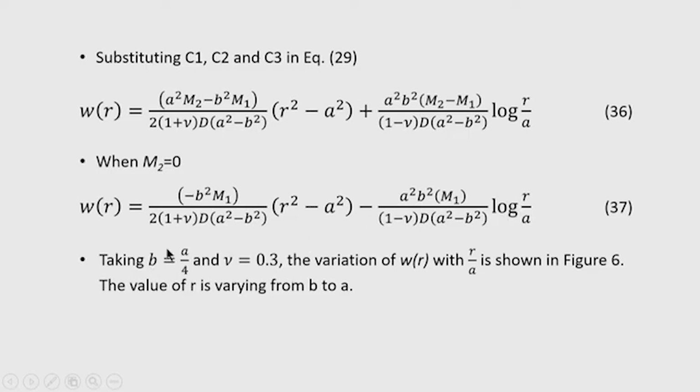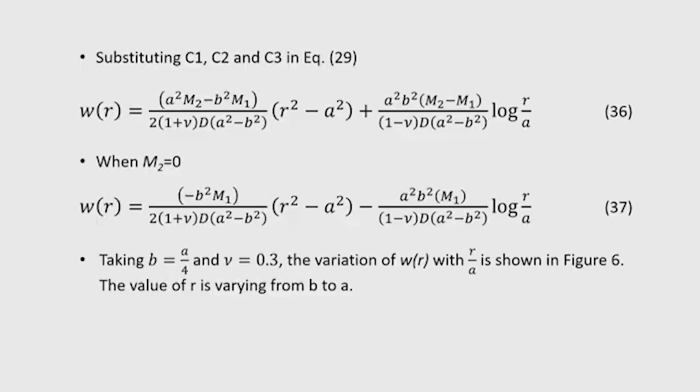Now, let us see how the deflected surface varies with r by a ratio. The range of r is from b to a, where b is the inner radius and a is the outer radius.